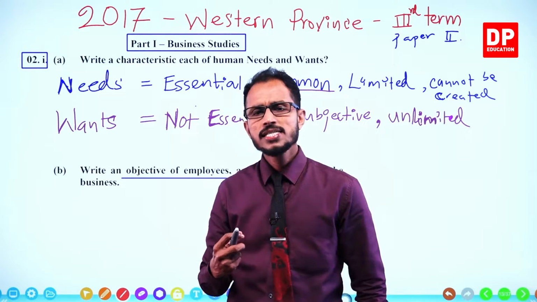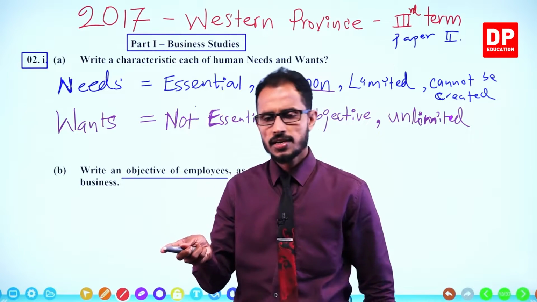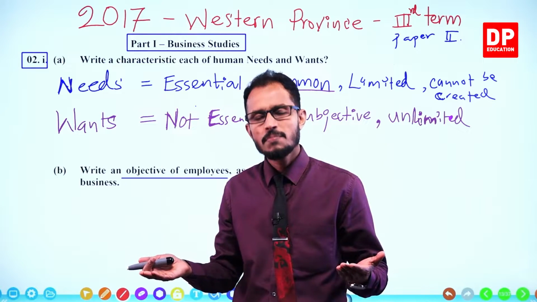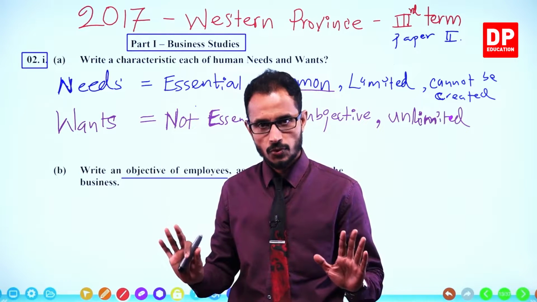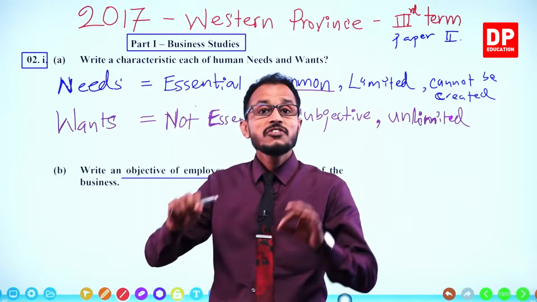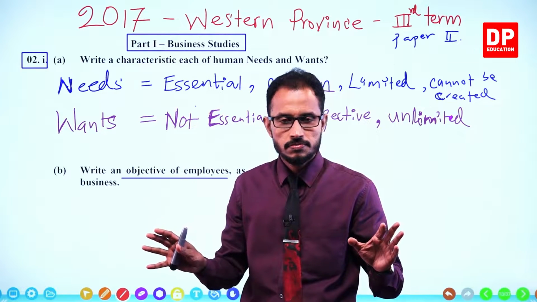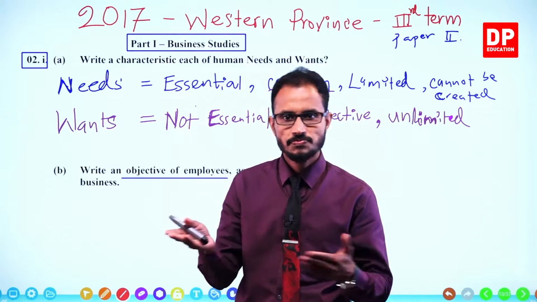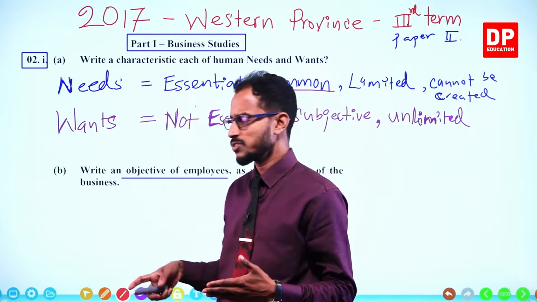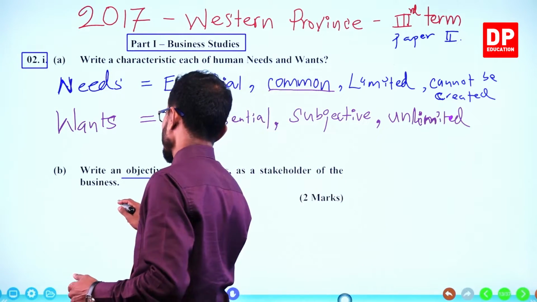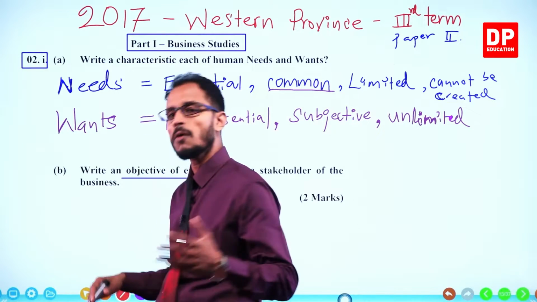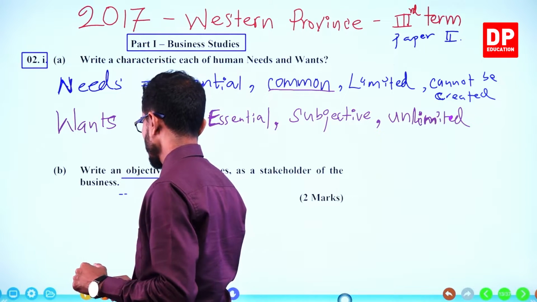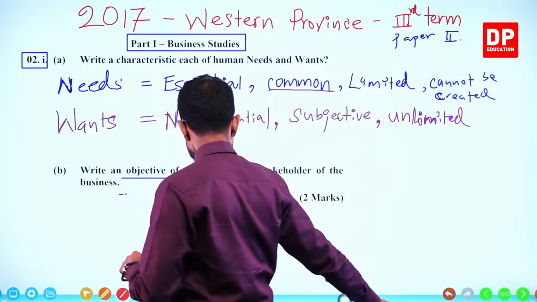Children, employees are the workers, the human resource employed in our business. They have different objectives when compared to owners and managers. Employees have different objectives, like job security, higher salaries or higher pay.